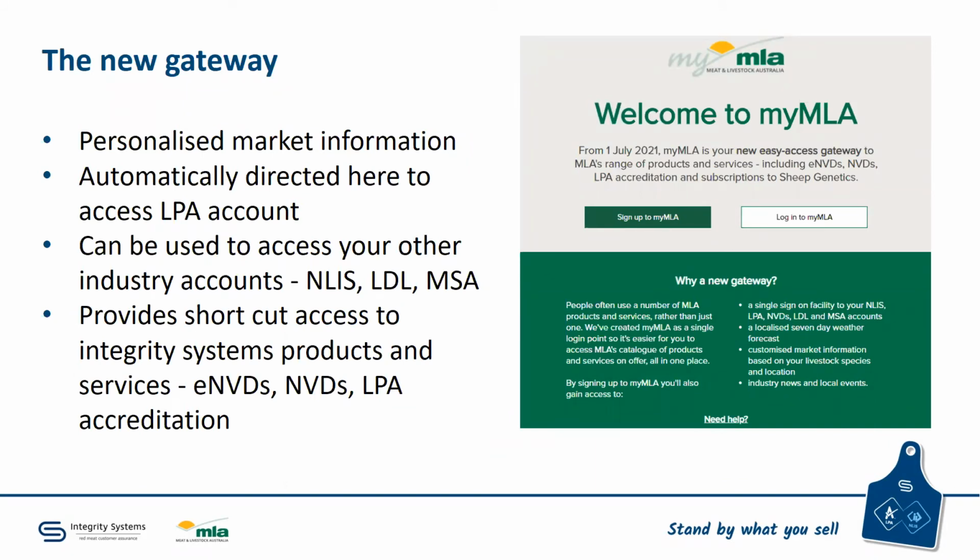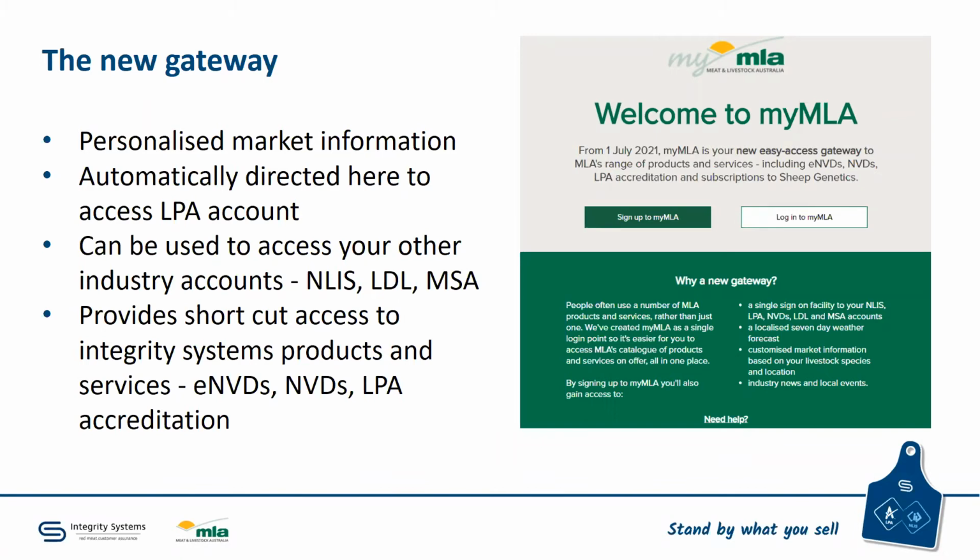So when you do get to the point of looking at creating a myMLA account, this is the page you're going to end up on. It's just what it looks like. And I guess, just summarizing the information that's actually on the page, there is more to it than just linking your account.